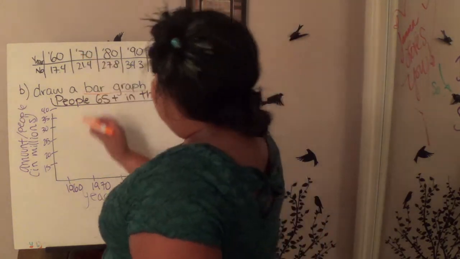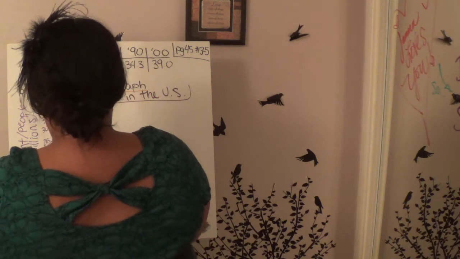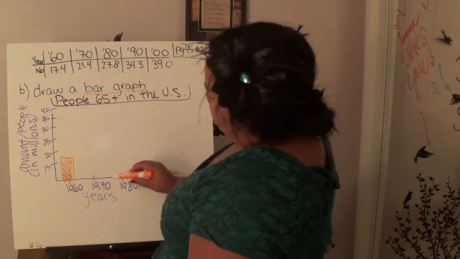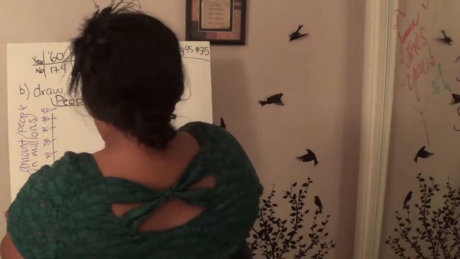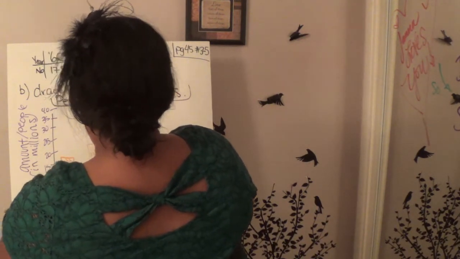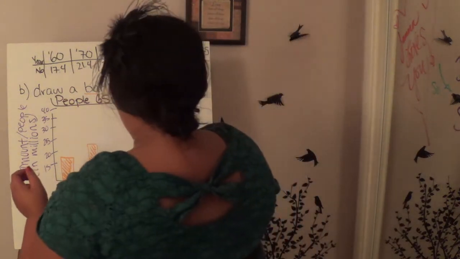So 1960 is 17.4, so about there, and I'm going to fill that in. 1970 is 21.4. Color it in. 1980 is 27.8.